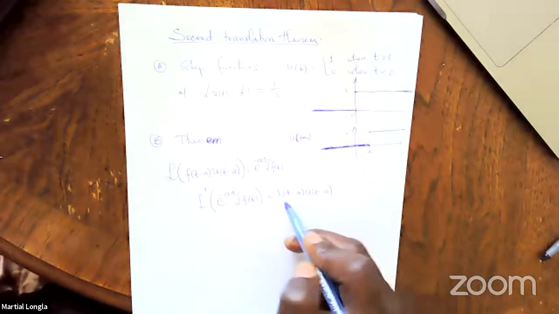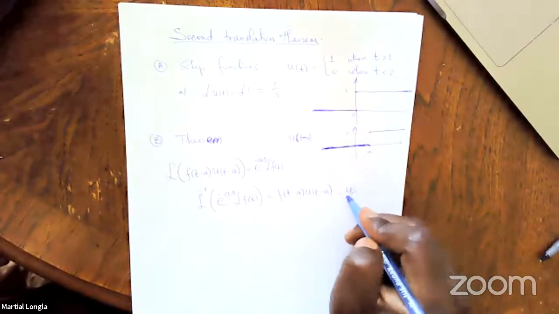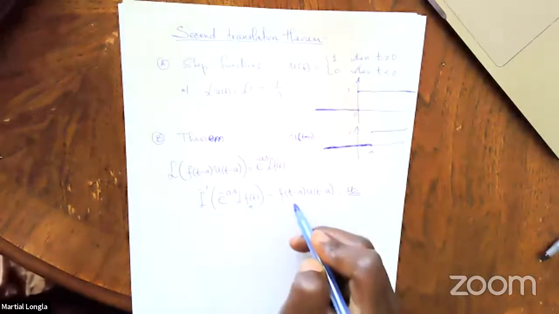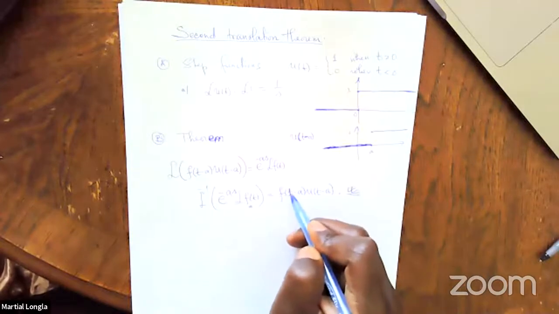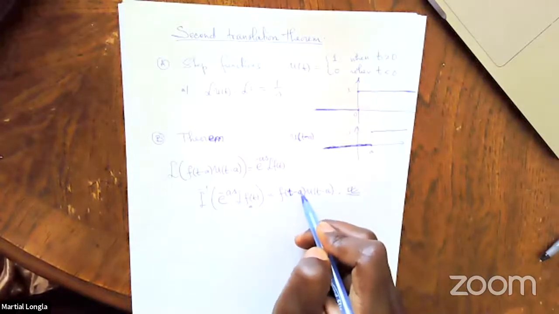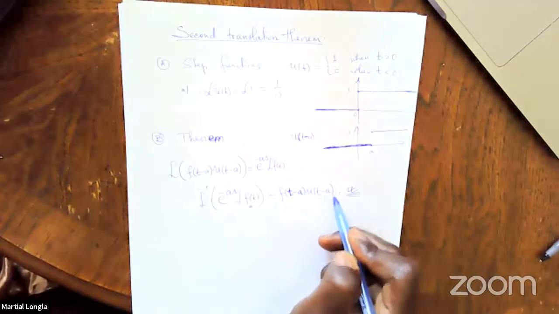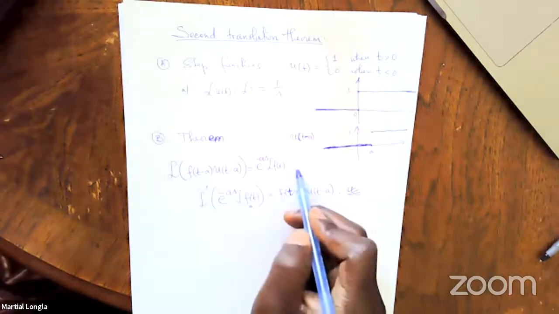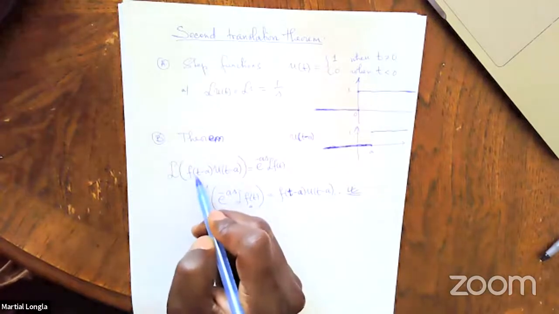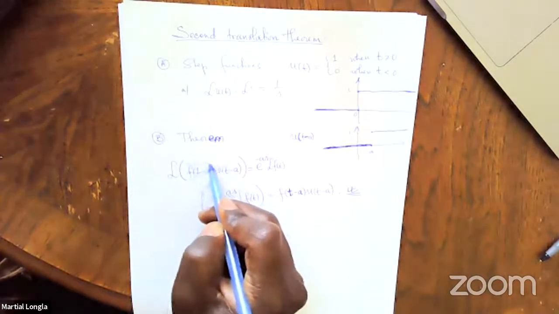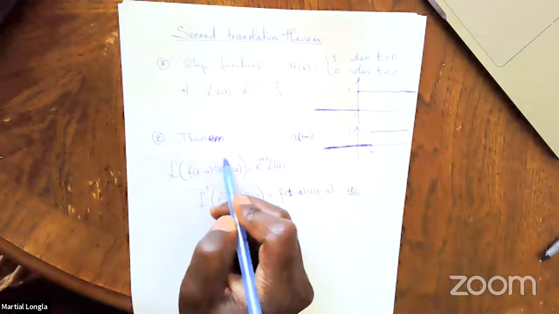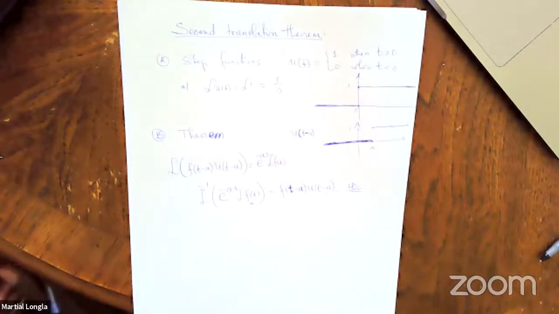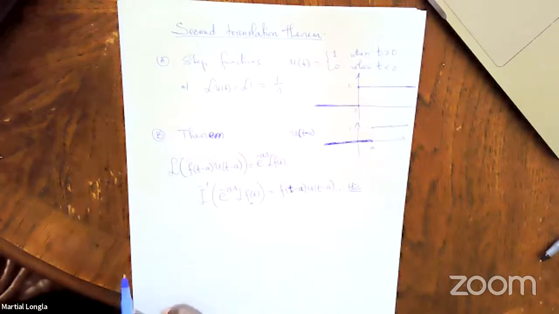So in order to use it in this form, you need to find f of t and then replace t by t minus a and multiply by u of t minus a. To use it forward, you need to make sure you see f of t minus a times u of t minus a before you write that. There's a little trick in that, okay?